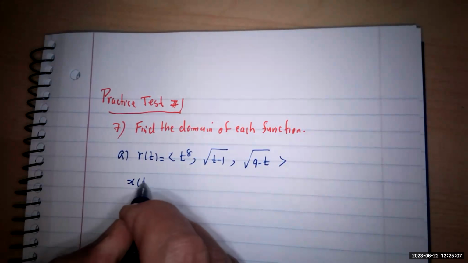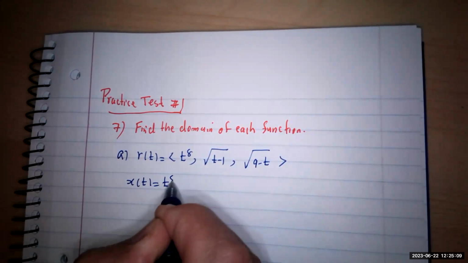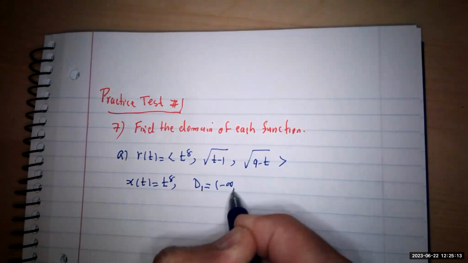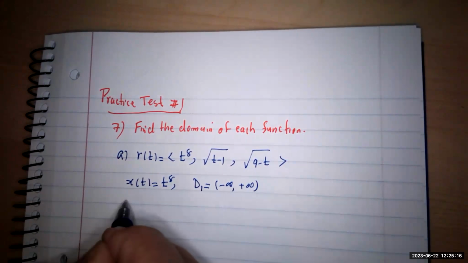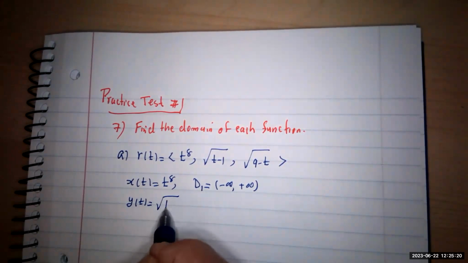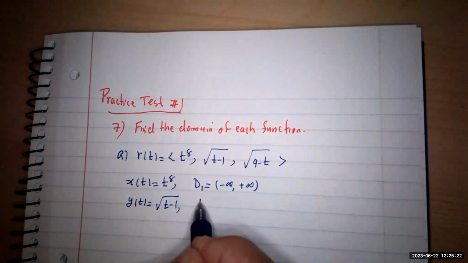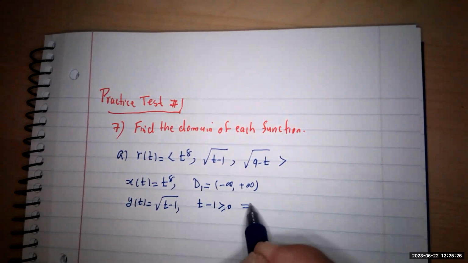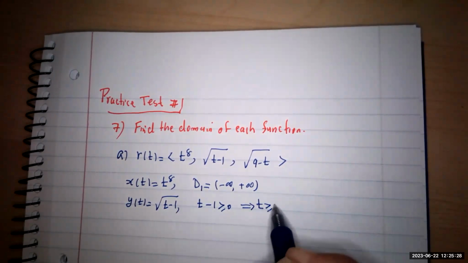So x of t is equal to t to the 8. You can do it right away. This is defined everywhere. The second one, y of t equal to the radical t minus 1. This is defined where t minus 1 is greater than or equal to 0, so t must be greater than or equal to 1.